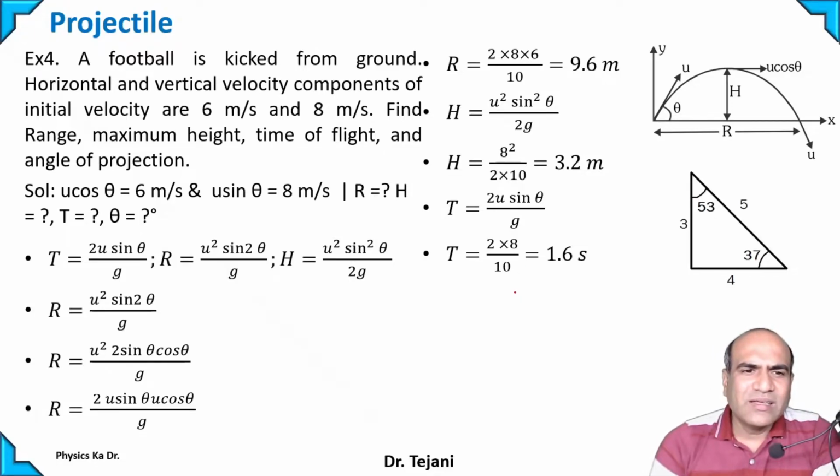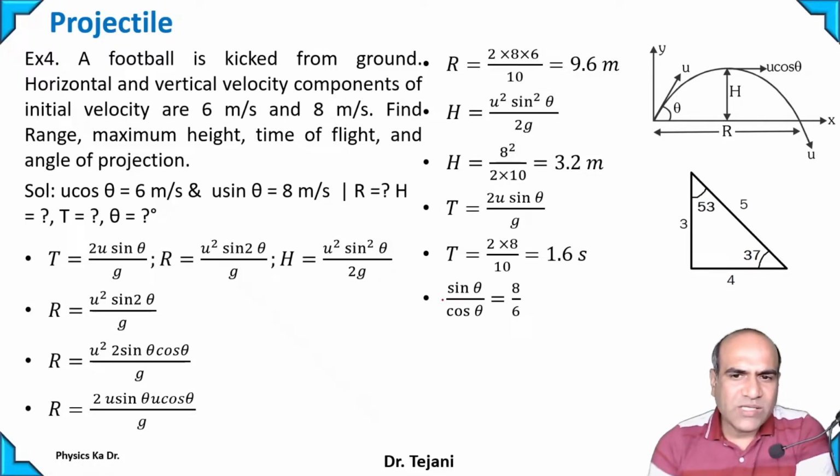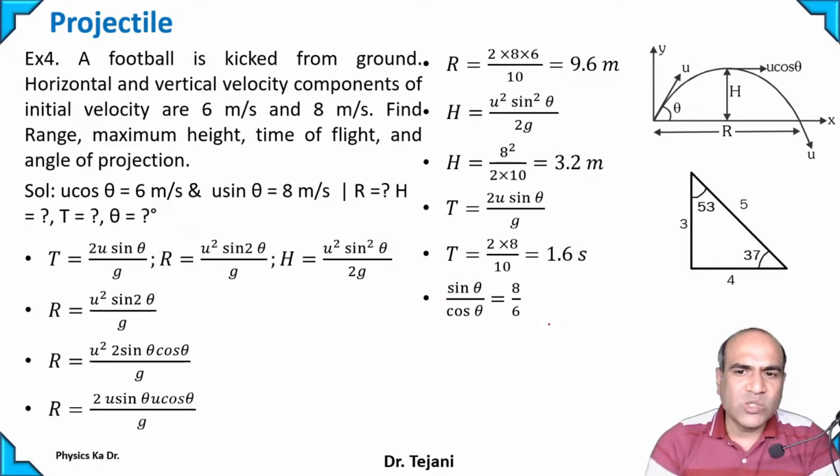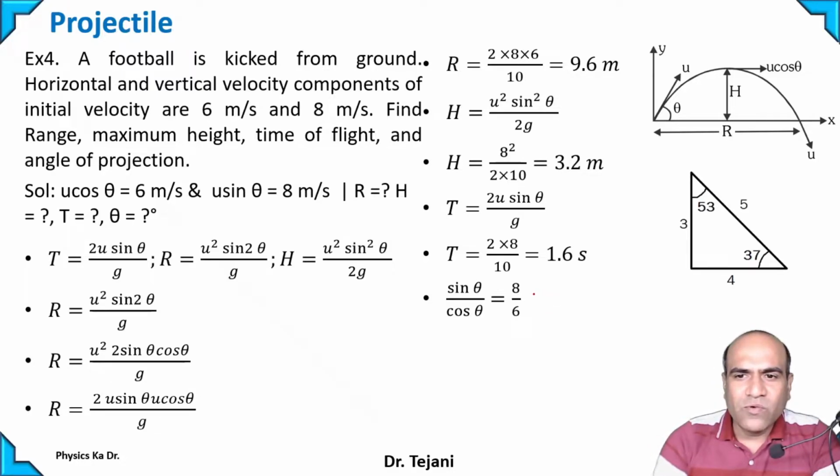You can divide u sin theta by u cos theta. So sin theta by cos theta is equal to 8 by 6, which we can write as 4 by 3. And for 4 by 3 we know this angle is very much required.